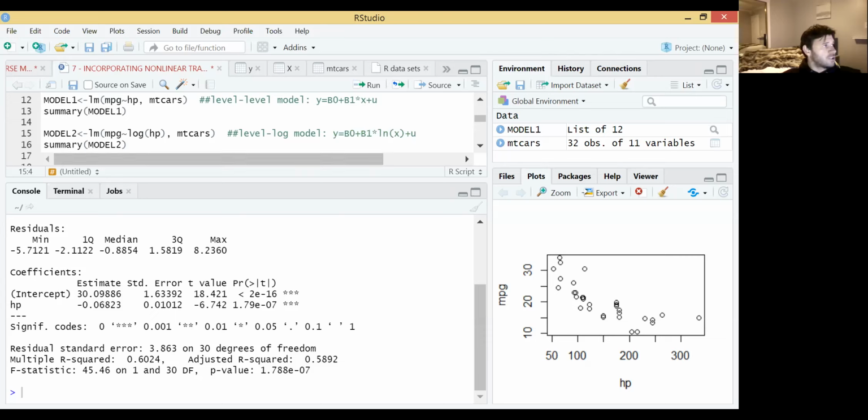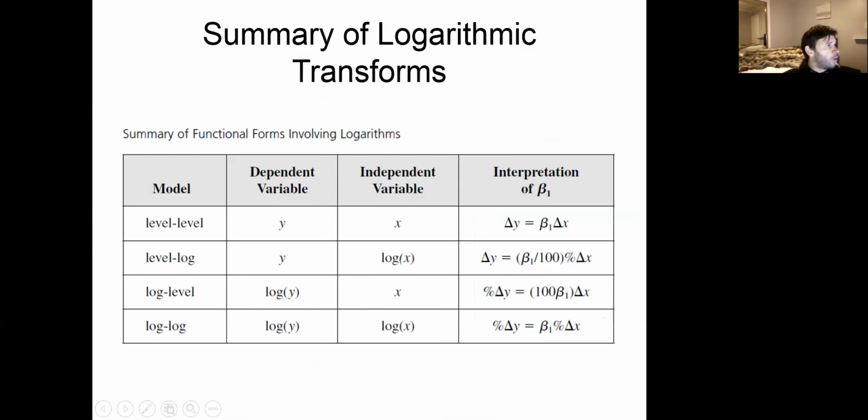So let me switch my screen share for a moment to a table that summarizes the difference between the 4 variations of the level and log models that we're going to look at. You'll notice we've already discussed the first case in this diagram, specifically the level model.